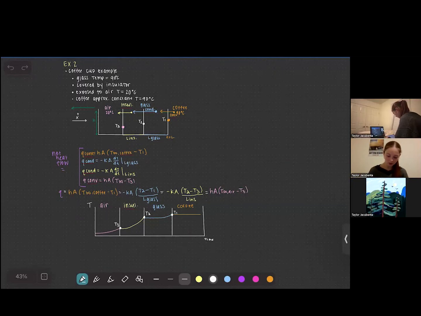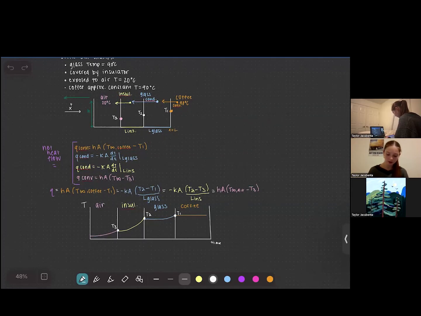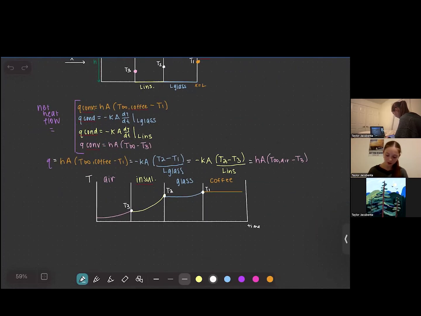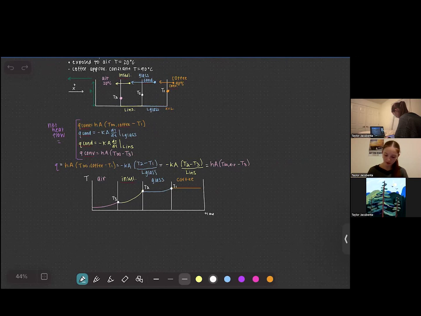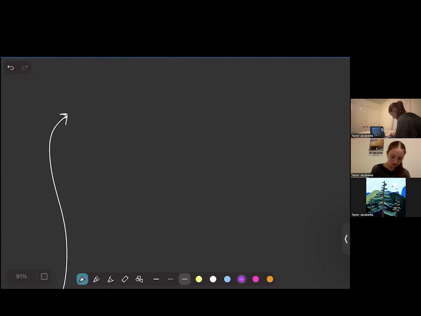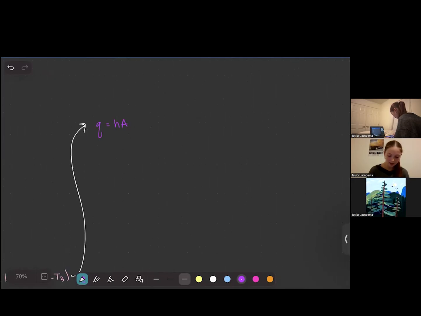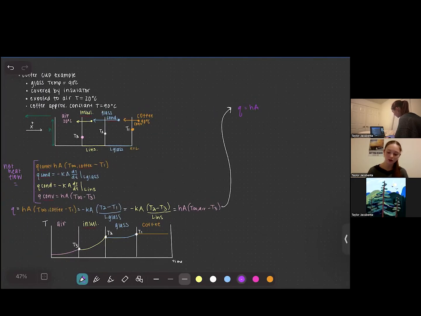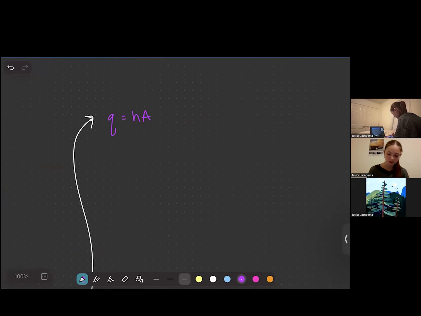Okay, so this is quite a bit to look at all on its own. So what we can do is relate this equation here into simpler terms. We're going to say that our heat flux is equal to the h times the area, and we are going to use our coffee and our air because those are the two endpoints that we have. So we're going to have the temperature of the coffee minus the temperature of the air.